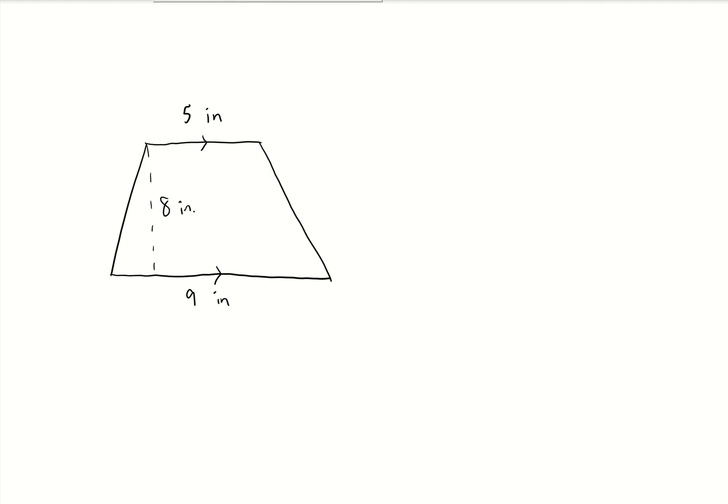Let's go ahead and do the trapezoid before we do the circle, just because it makes more sense to do it that way. So for a trapezoid, we kind of look at it the same way we looked at that parallelogram earlier, where we don't want to use that diagonal distance over here. We want to use this distance, that 8 inches, that's straight up and down.